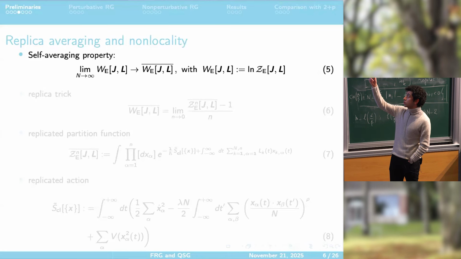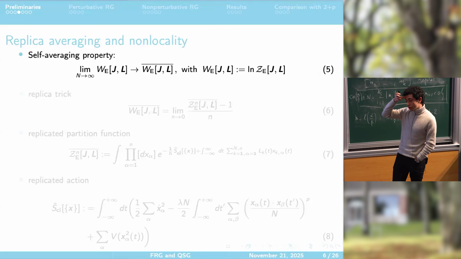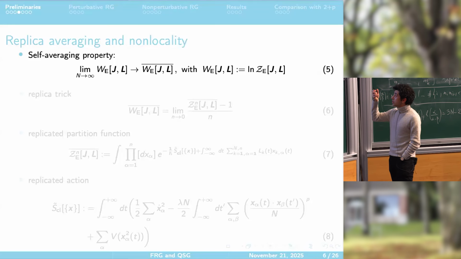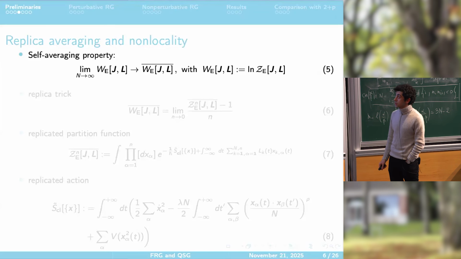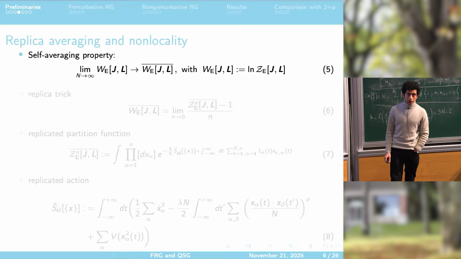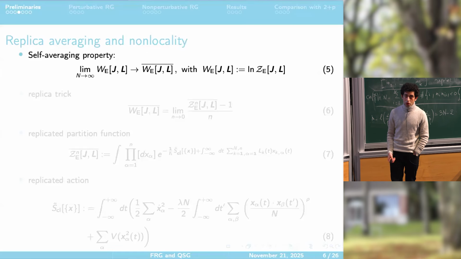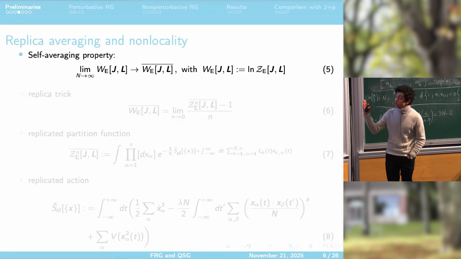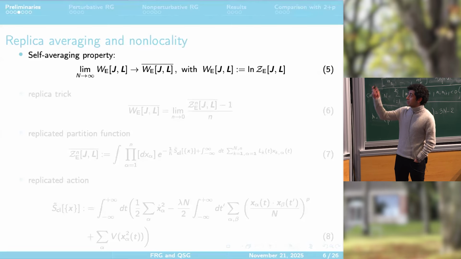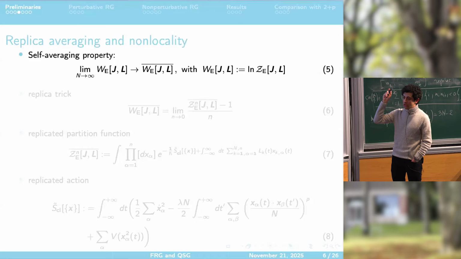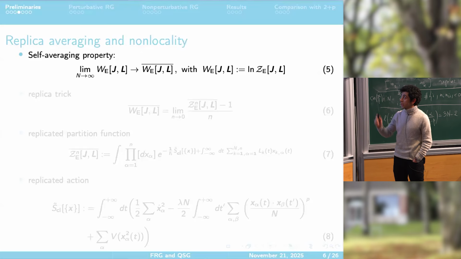We indicate the Wick-rotated partition function as Z_E, and its logarithm is the free energy that we look at. The free energy has the property that it is self-averaging. So in the large n limit, it is basically concentrated around its mean, which we indicate by this bar. Whenever we have a bar, we mean averaging over the disorder J.